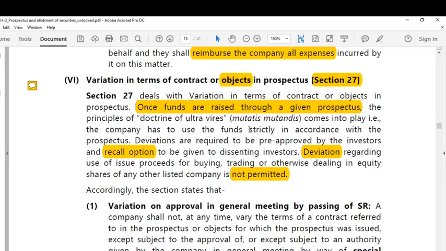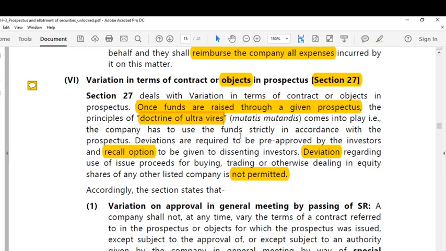So once the company floats the prospectus and raises the money, once the funds are raised through a given prospectus, and if there is any change in the objects, then automatically the doctrine of ultra vires will come into picture.